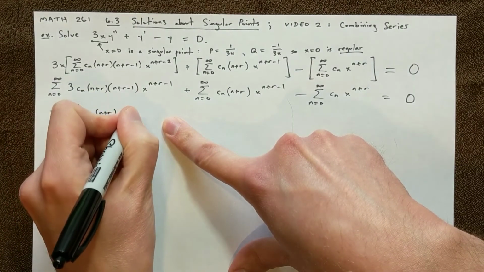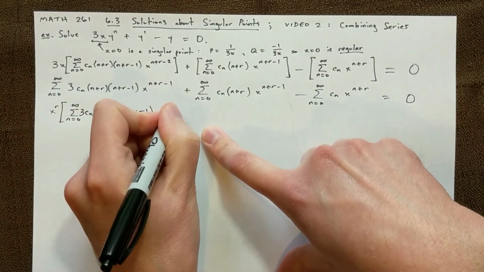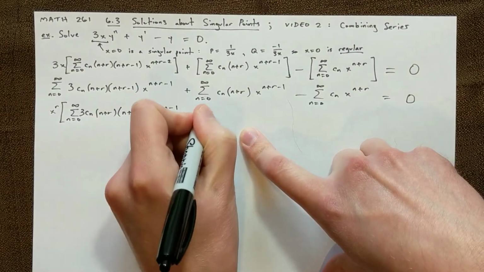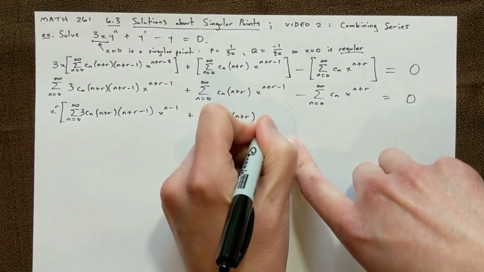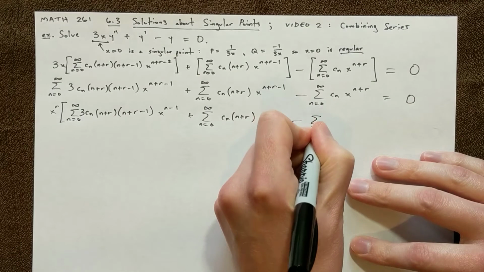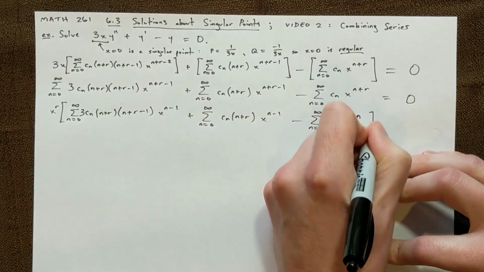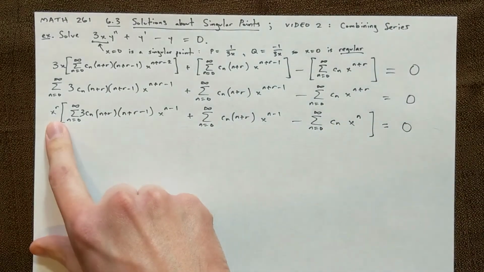So we still have coefficients with r's in them, but at least we won't have to worry about r's inside our exponents. And it's up to you if you want to write it at the front or the back.